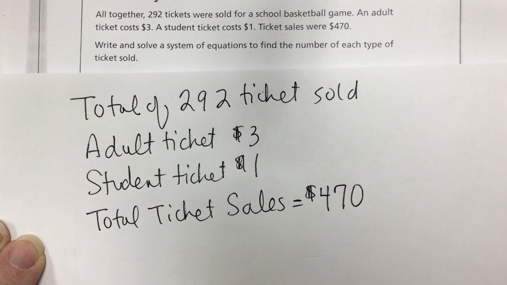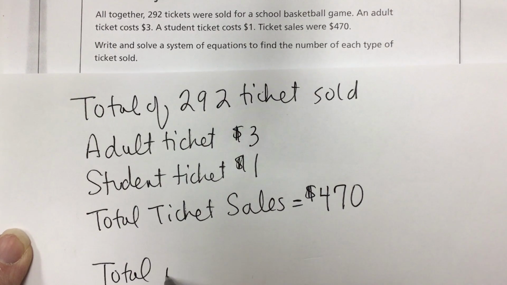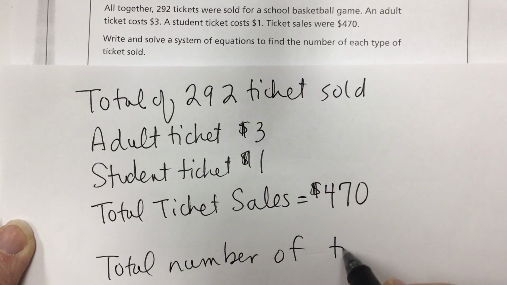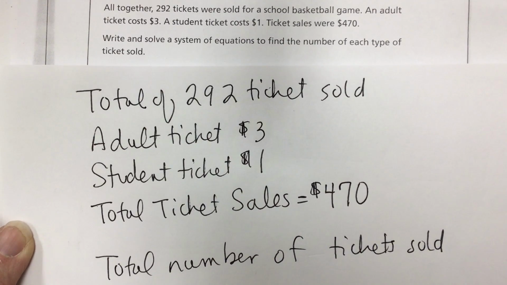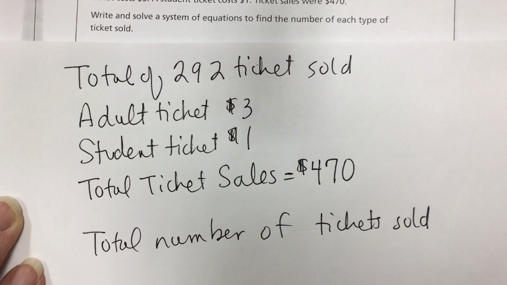So the first equation I want us to write is for the total number of tickets sold. The first equation is going to represent the quantity. So I'm going to need to use variables to help me represent quantity.